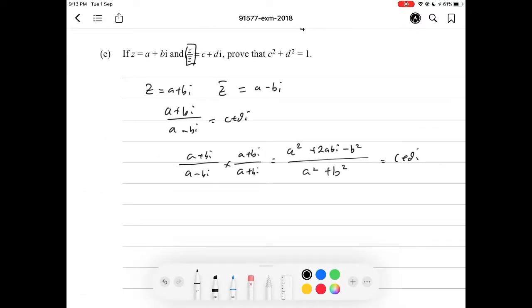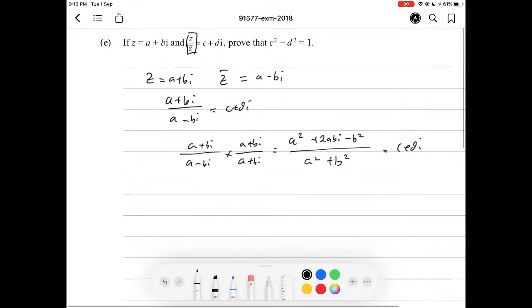Alright, so now we're going to split these terms up into the imaginary terms and the real terms in order to find our c value and our d value. Our real terms are without the i, and our imaginary terms are with the i. So a squared minus b squared over a squared plus b squared is our real part, and our imaginary part will be 2ab over a squared plus b squared i.